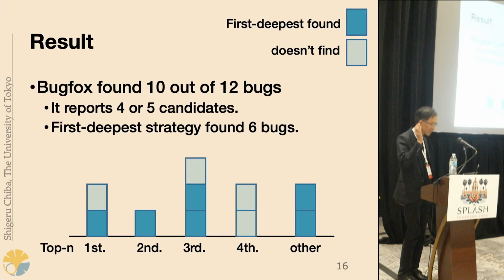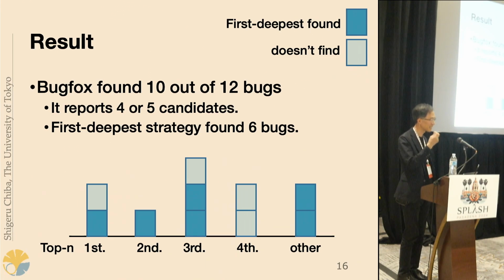Okay, by the way, Bugfox basically reports 4 or 5 candidates, and we recognize that Bugfox successfully finds the cause of the bug if the real ground truth is included in those candidates. So the important thing is Bugfox does not report only one single function.